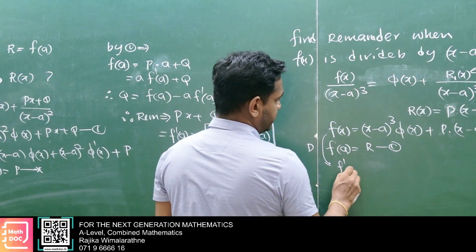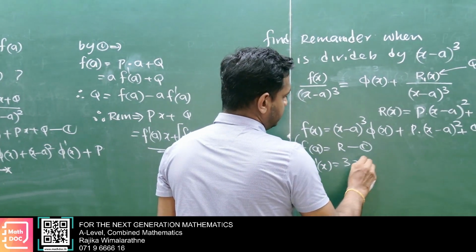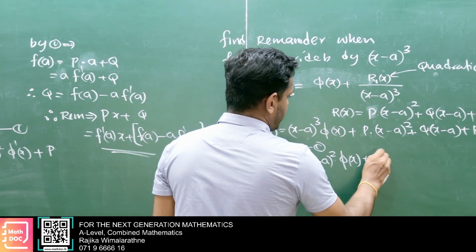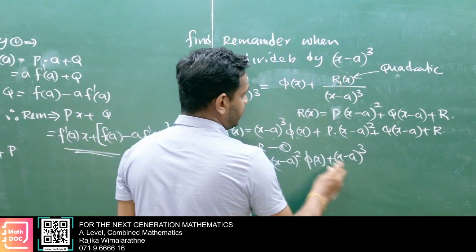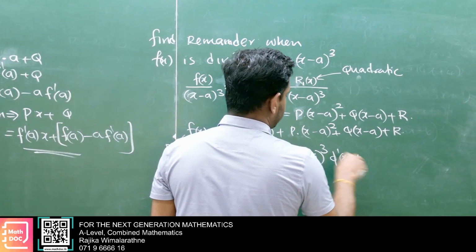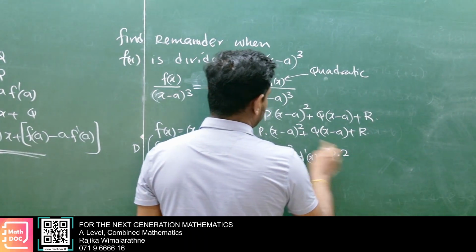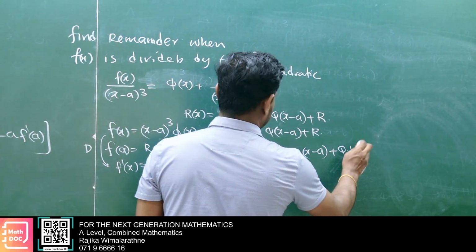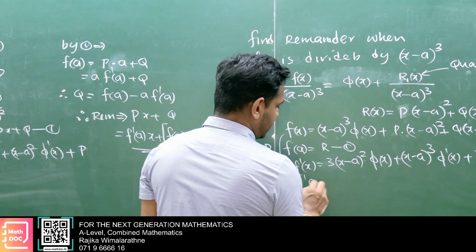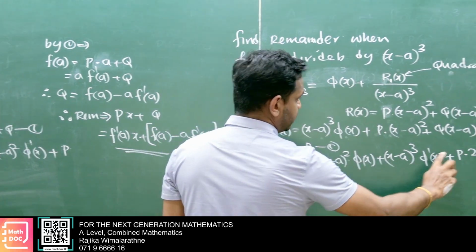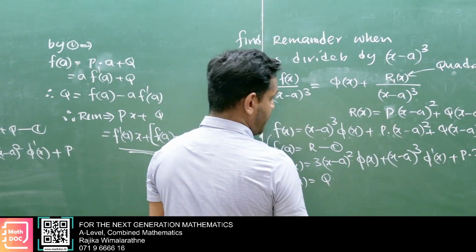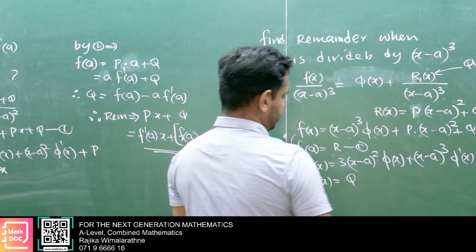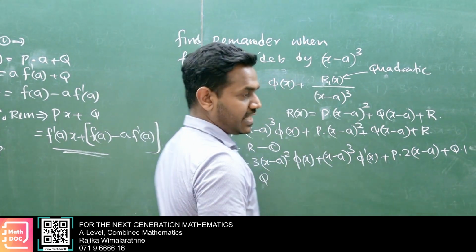Then differentiate: f dash x is 3 times x minus a squared phi(x), a product, plus x minus a cube phi dash x, plus p times 2 times x minus a plus q times 1. Now f dash a equals 0 plus 0 plus 0 plus q. Now we know the r value is f(a) and the q value is f dash a.